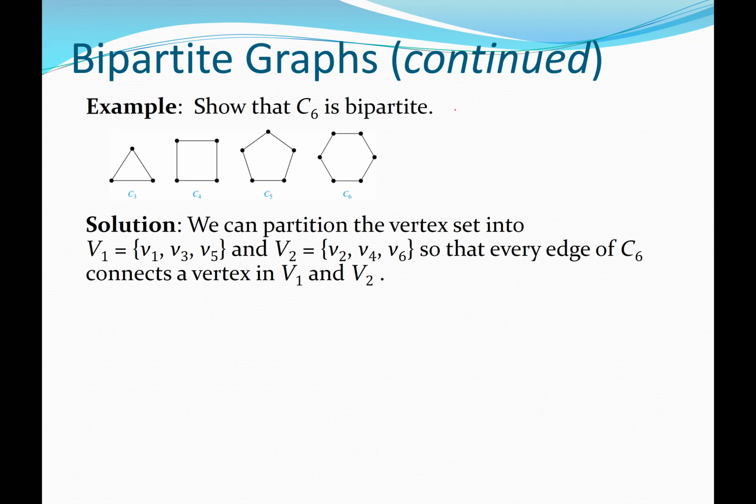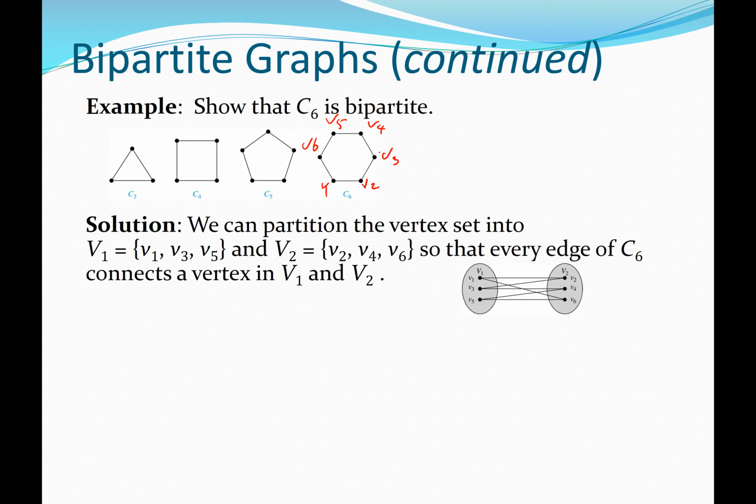So we partition into two sets. You can see here V1, V2, V3, V4, V5, and V6. We partition V1, V3, V5 together, and then V2, V4, V6 together.